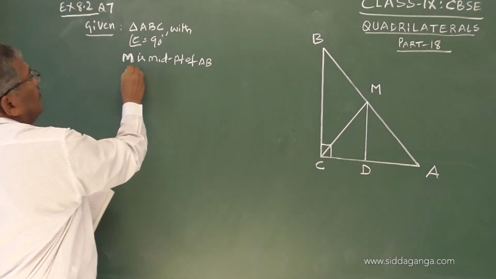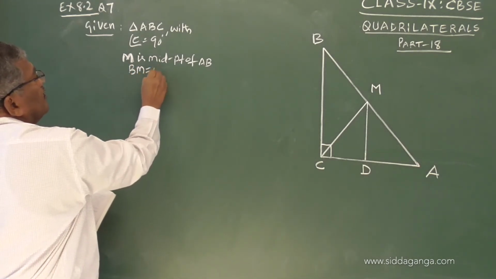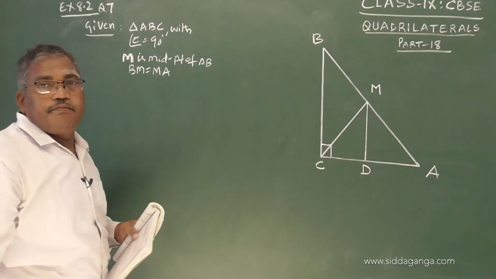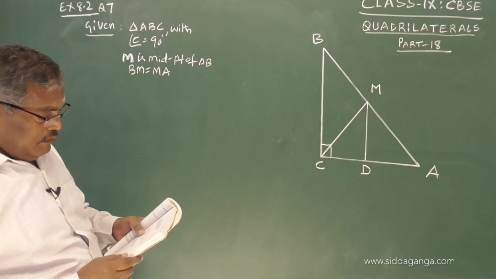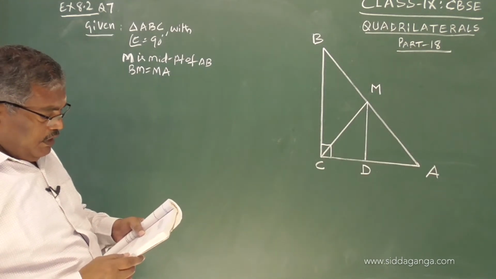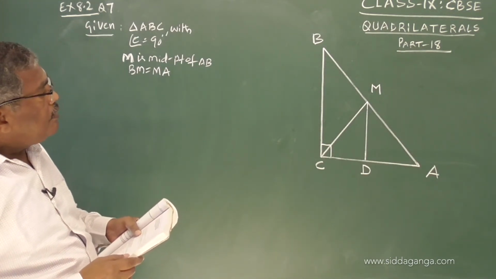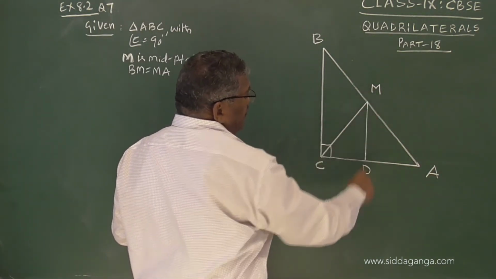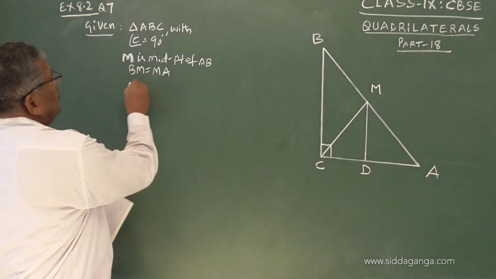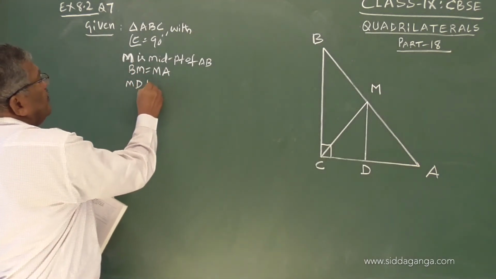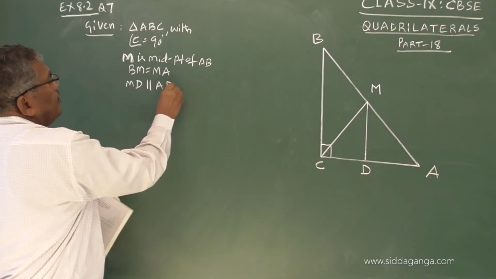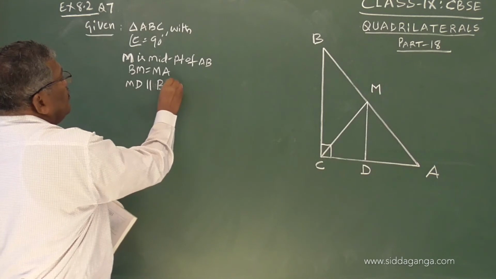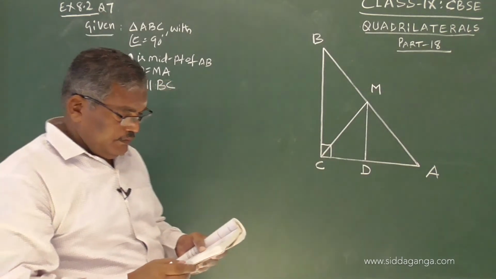That means BM equals MA, or BM equals AM. Through M, MD is drawn and MD is parallel to BC.